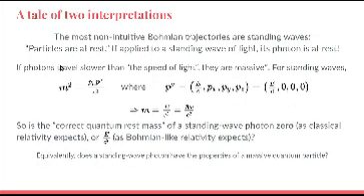Now, if photons travel slower than the classical speed of light, they are, relativistically speaking, massive because they follow matter-like curves instead of light-like curves.